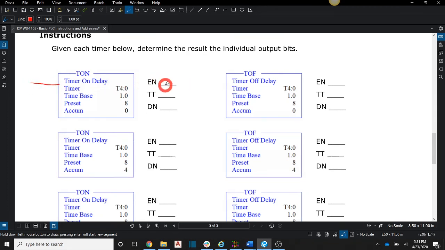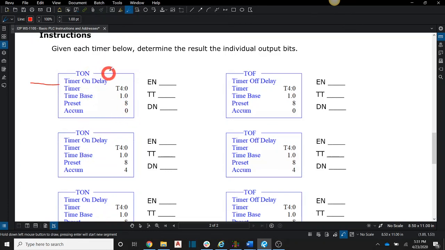Now we need to determine, based on these values, what must be happening here. Well, the definition of reset, or when a timer gets reset, is when we lose rung continuity. So since we are reset here, this is a value of 0.